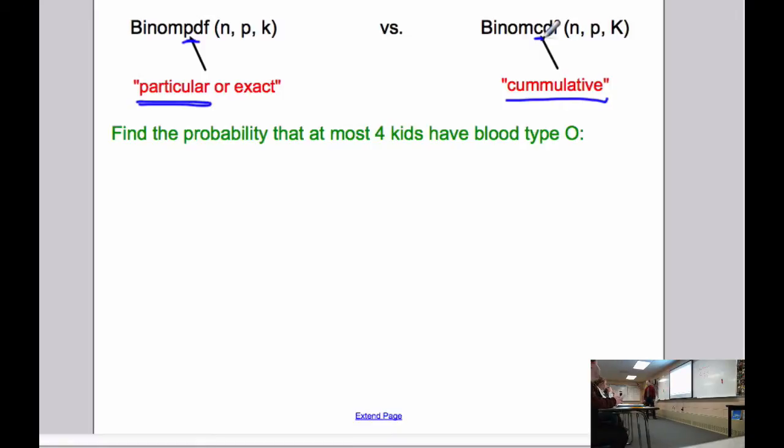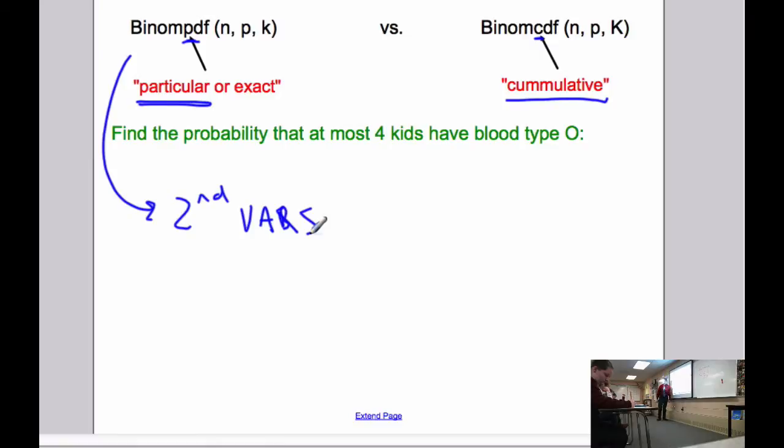PDF versus CDF. So go to your calculator, go to second vars, which is distribution, because we're dealing with distributions, normal or binomial or geometric later. Binomial, so scroll down or up and go to binomial PDF or CDF. It depends on your calculator, it's 0 or A, I think. You with me? So you're going to type in Binomial Pdf on your calculator.